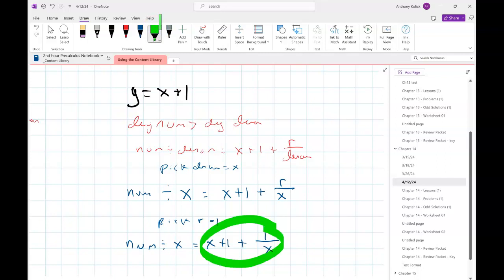So if I add that up, I should get an answer. To add those two, what do I need to have? Common denominator. What would the common denominator be? X. So I just multiply this one by x over x. There's my answer.